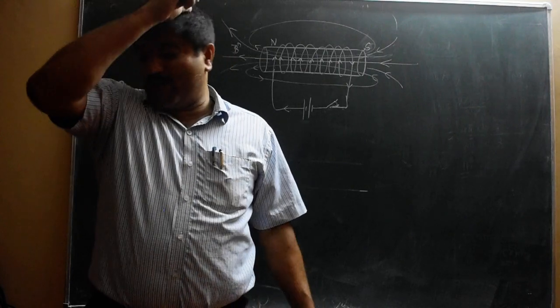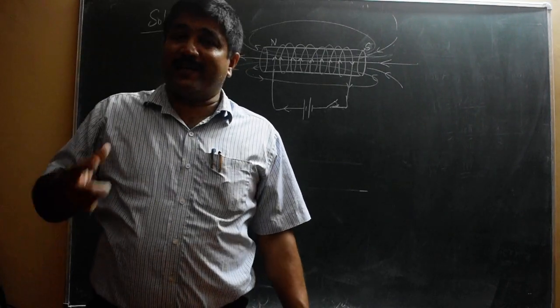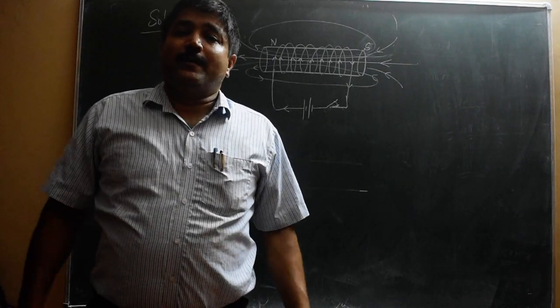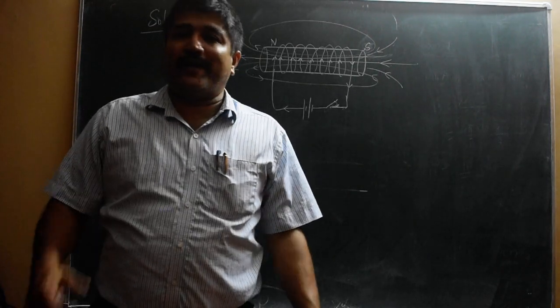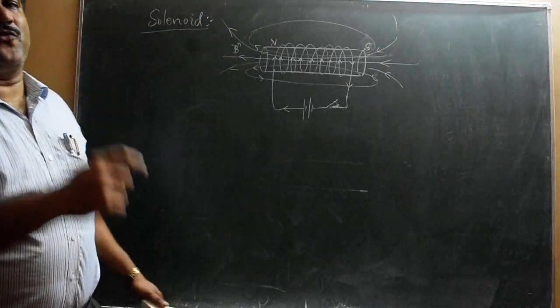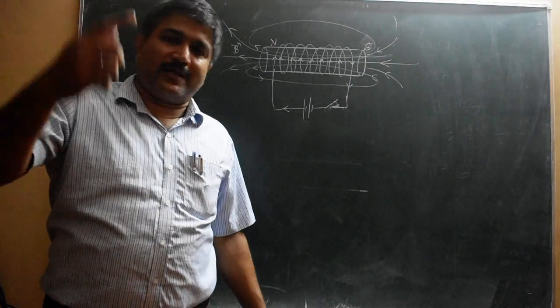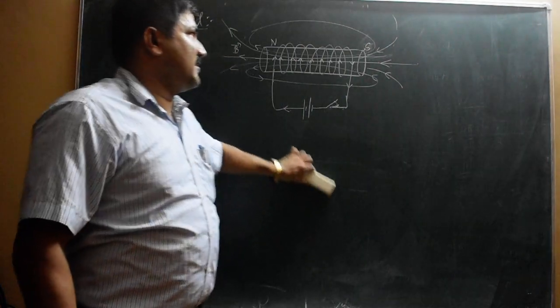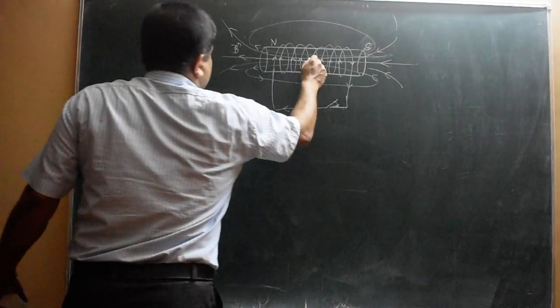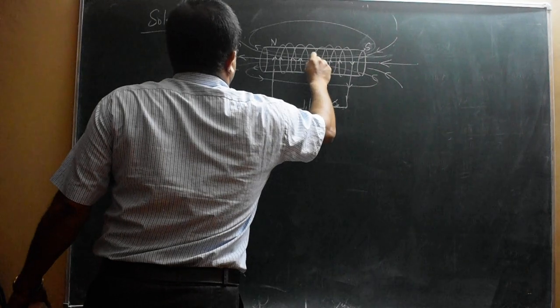There is physical contact, but no electrical connection between one turn and another, one loop and another loop. Current flows only through the length of the wire.